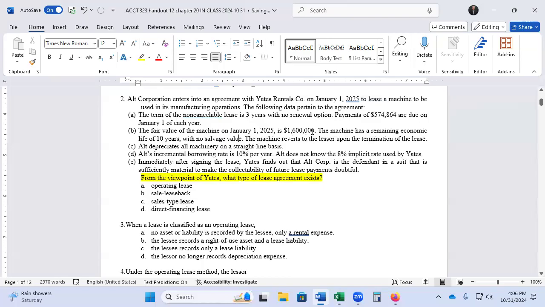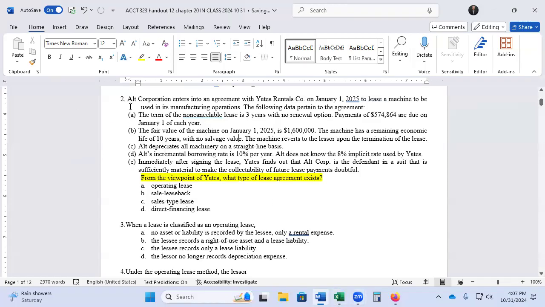The fair value is 1.6 million. The machine has a remaining economic life of 10 years with no salvage value. The machine reverts to the lessor upon termination of the lease. Alt depreciates all machinery on a straight line basis. Alt's incremental borrowing rate is 10% per year. Alt does not know the 8% implicit rate used by Yates.